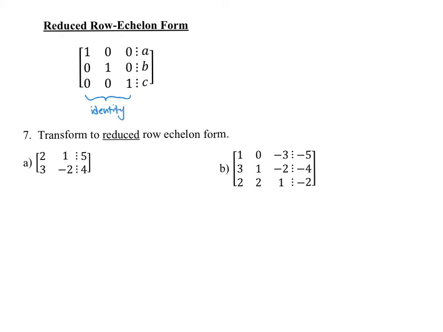And it will come up again in other sections because it's a very important matrix. It's called the identity matrix because if I have it in this format, I can automatically get the solution without doing any work. So if I just look at this, it's saying x equals a, y equals b, z equals c. So it's basically solved for me. So if I can get it in reduced row echelon form, it's solved for me already.